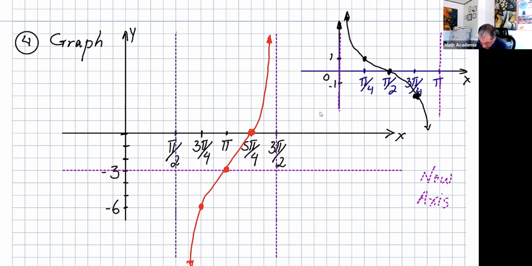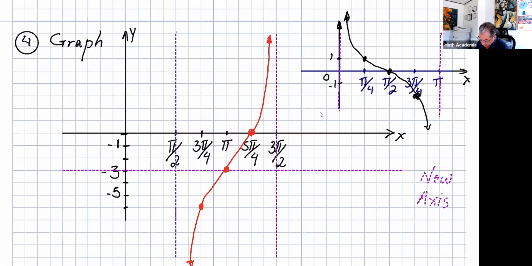So it should be here. So basically, if I go up 2, that's -1. If I go down 2, you can fix that too. So that's going to be -5.